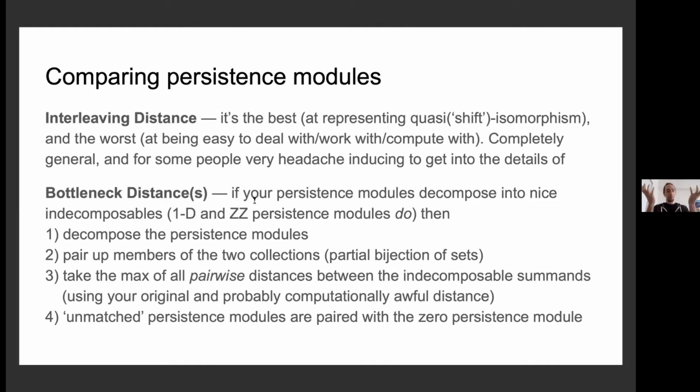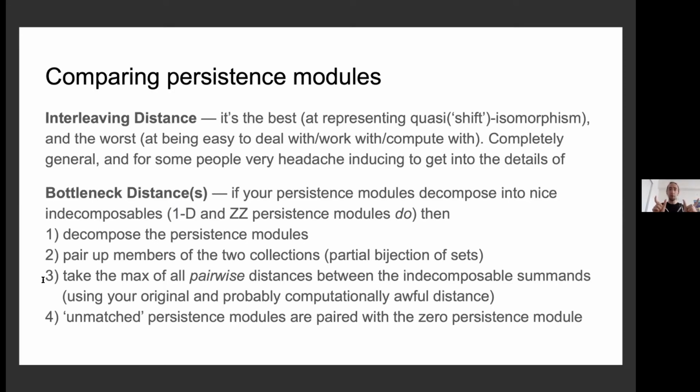Then you start with your persistence modules, decompose them, pair up the members of those two decompositions, take the pairwise distances between everything you paired, but now those objects are fundamentally much simpler than the ones you started with.